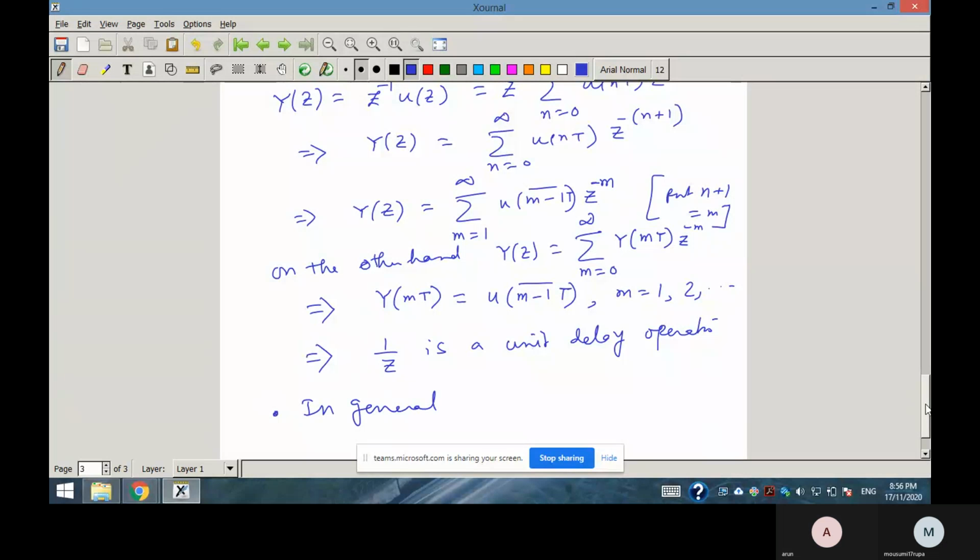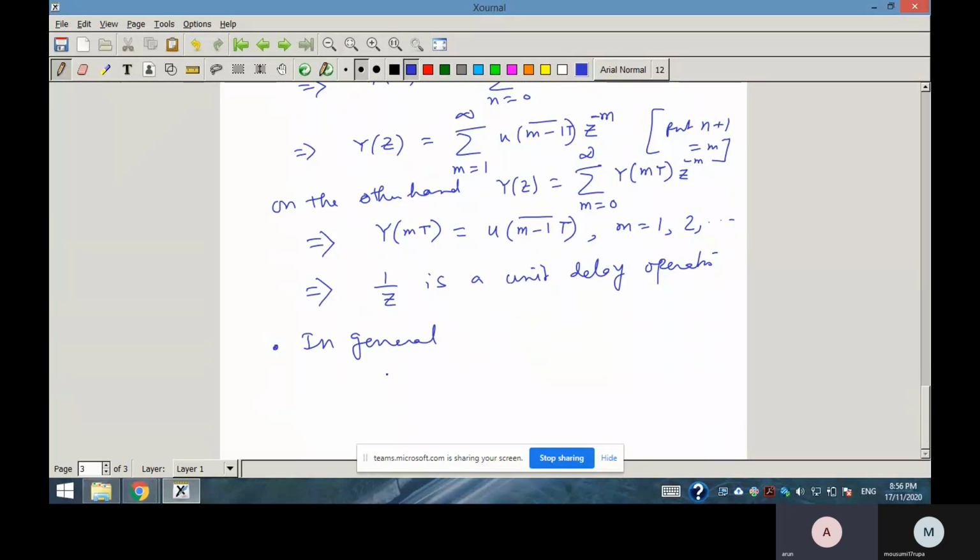In general, the Z transformation of u of (k minus n) t, and t is there, so I am not writing that t every time, equal to z to the power of minus n into the z transform of u(k). So this is equal to z to the power minus n into U(z).